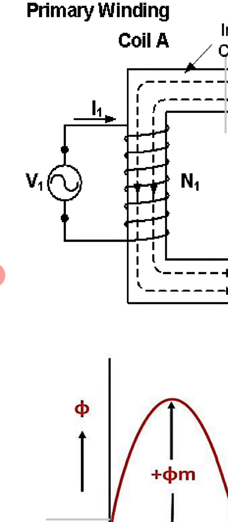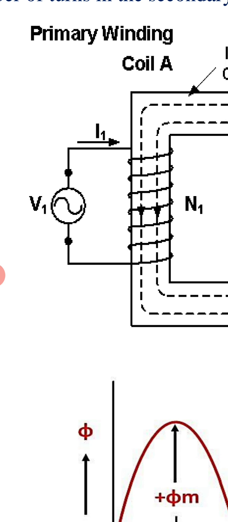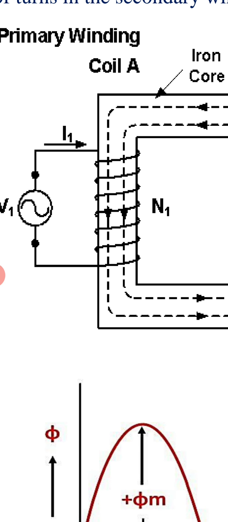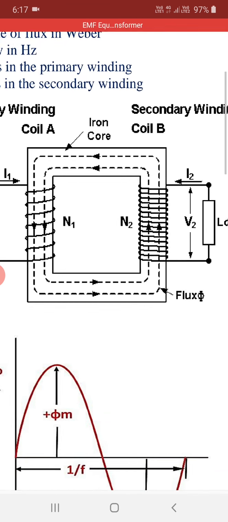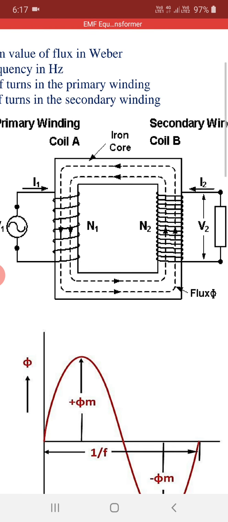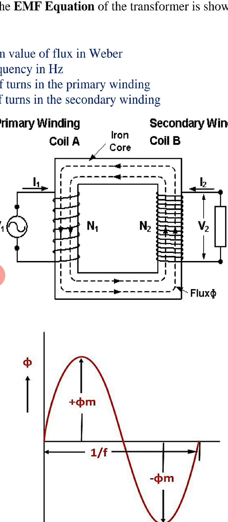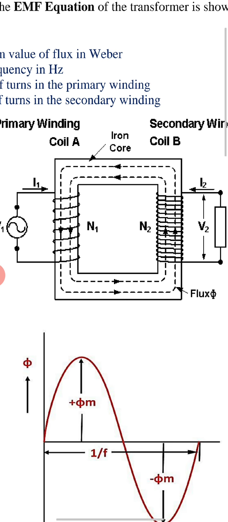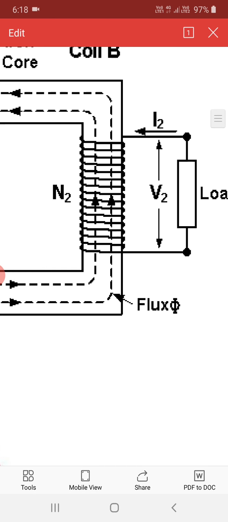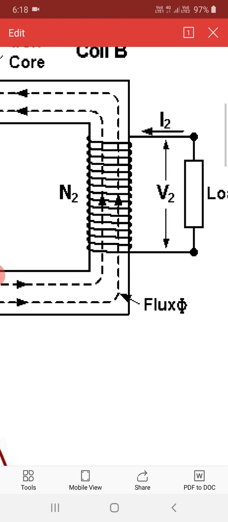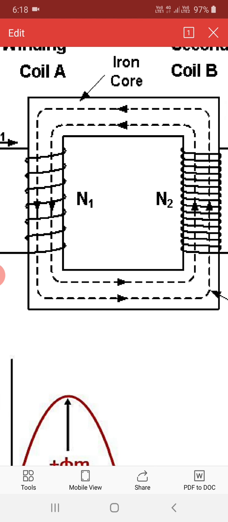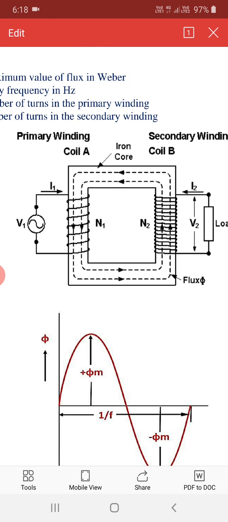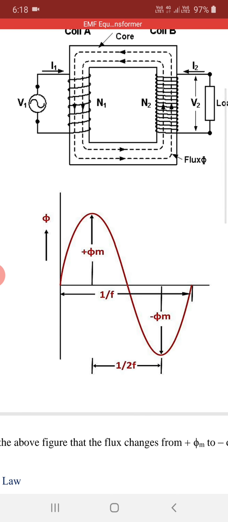When we supply V1 voltage across its terminal, current I1 flows through the coil, which sets up a flux phi in the iron core. This flux links with the secondary circuit having N2 number of turns. It also links with the primary circuit. So when this flux links with both the circuits, it results in induced EMF in both the windings.